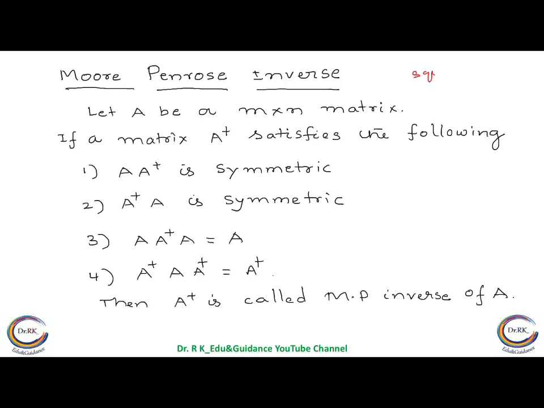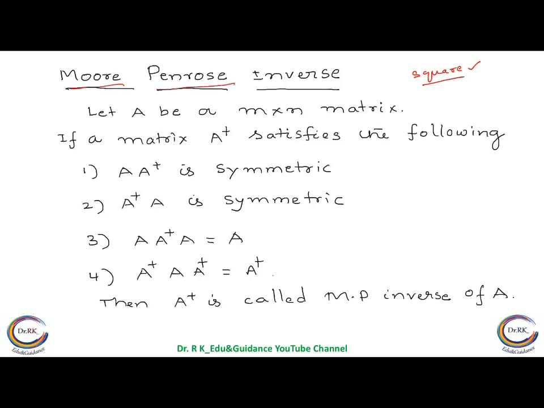Whenever it is a square matrix, we are familiar with the inverse. So the MP inverse comes into the discussion when it is not a square matrix. If it is not a square matrix, then we find its MP inverse.